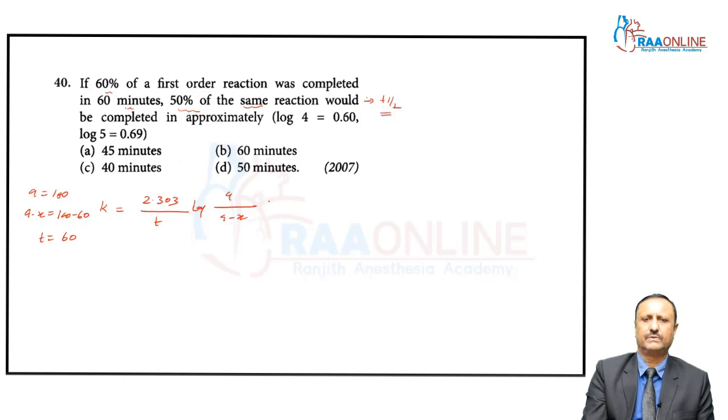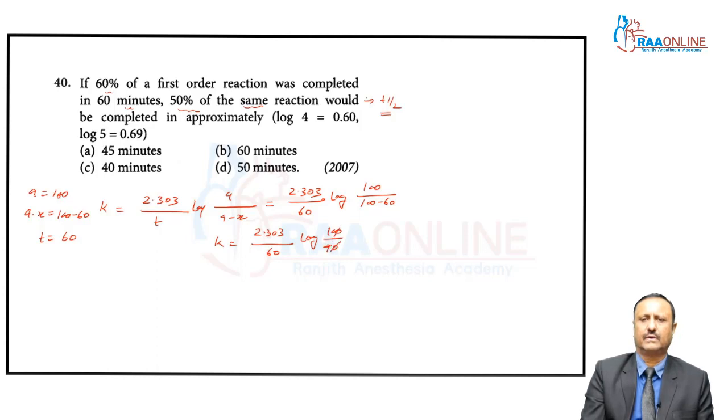So you can put the values: K is equal to 2.303 upon 60 log 100 upon 100 minus 60, which means log 100 upon 40.